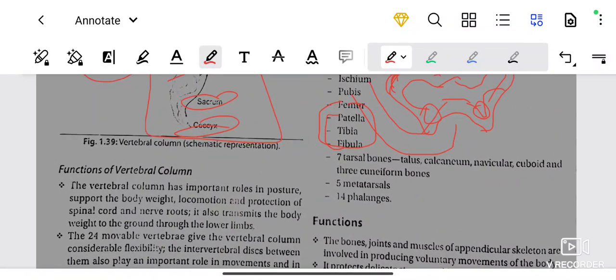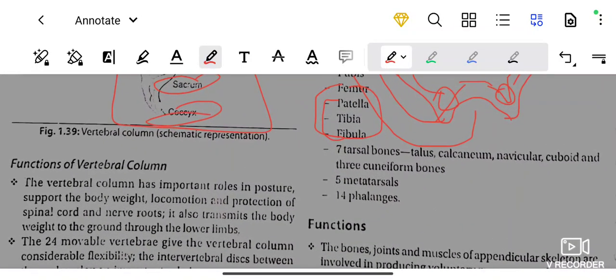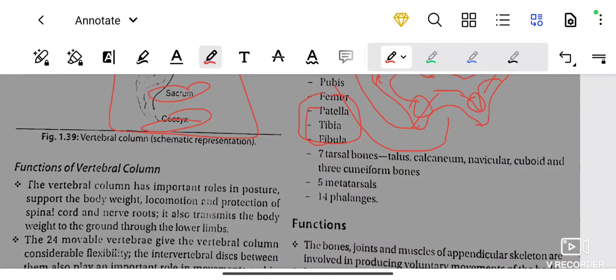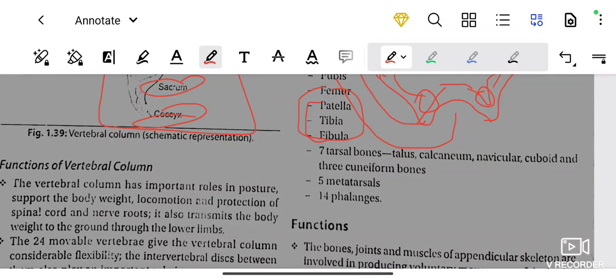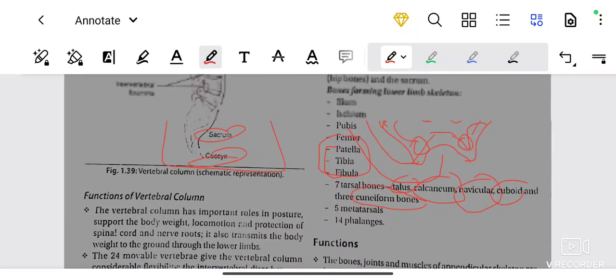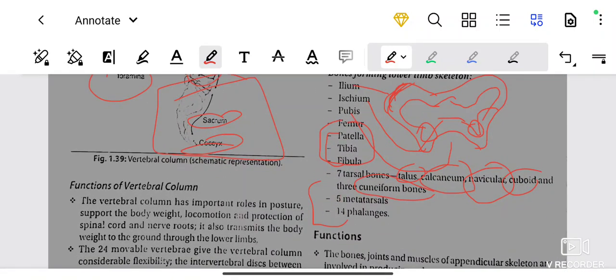The 7 tarsal bones are the talus, calcaneum, navicular, cuboid, and 3 cuneiform bones. There are 5 metatarsals and 14 phalanges in the toes.